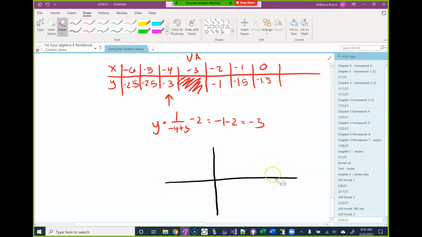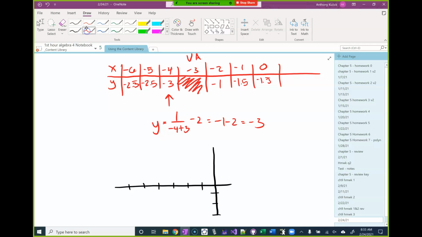I'll start by putting in my asymptotes. So -3 is my vertical asymptote, so I'll draw that. And then -2 is my horizontal asymptote, so I'll draw that. And then I'm going to plot my points.